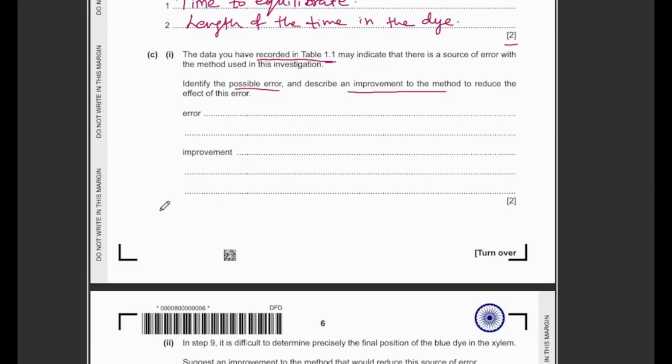So I'll just mention here the errors that students make. First one, repetition of experiment, or stalk size or length, or position of the dye. These are the common things.